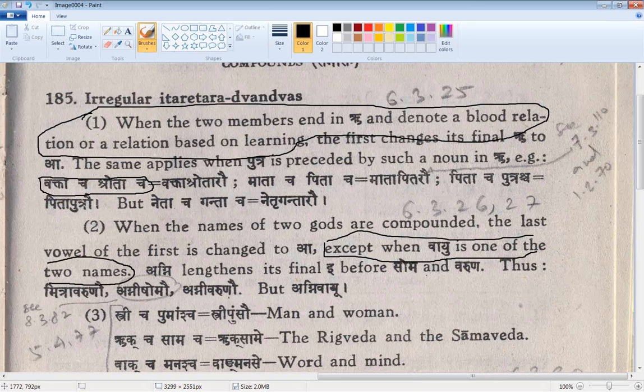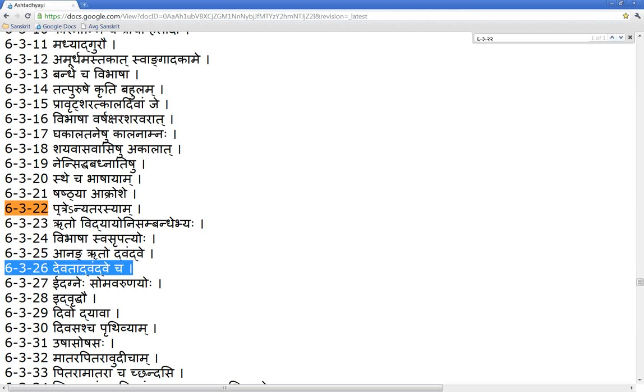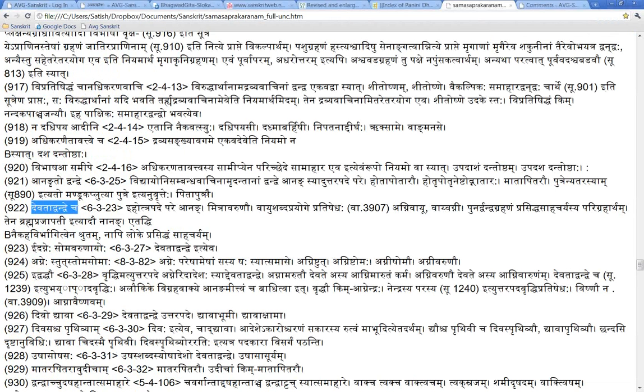This is given in the Kaumudi as the Vartikam on that same sutram 6326, which says Vayu Shabda Prayoge Pratishedha. Very straightforward, simple, so we can understand this immediately. All this is saying is that this sutram Devata Dvandve Cha does not apply when the word Vayu is used.